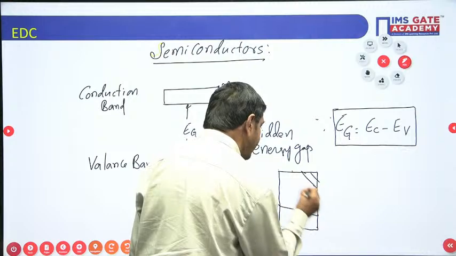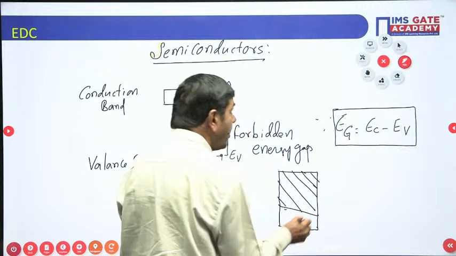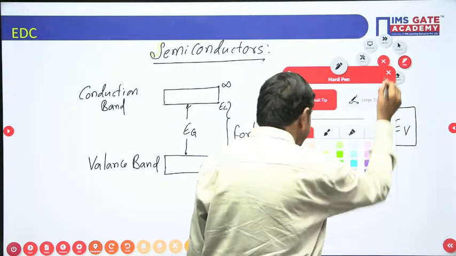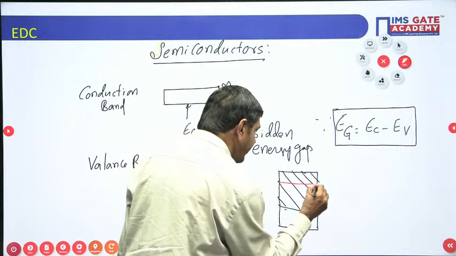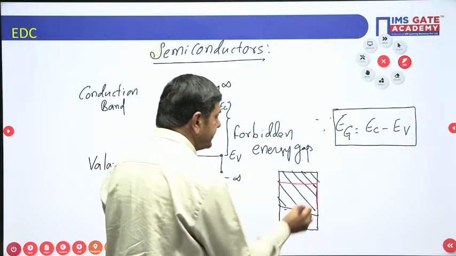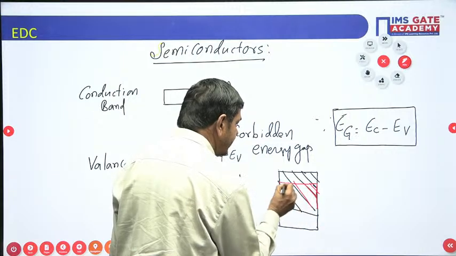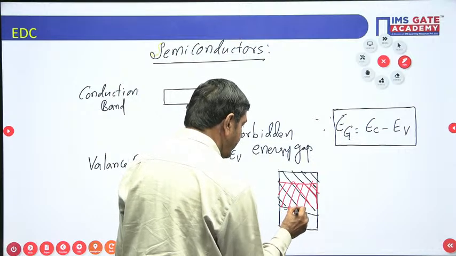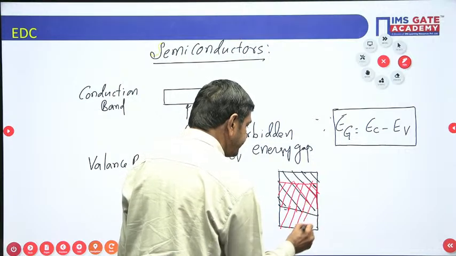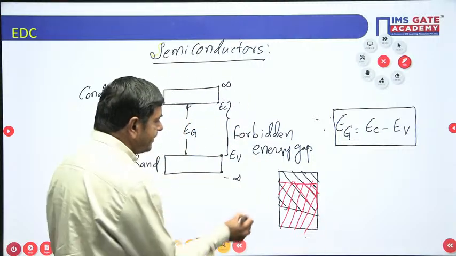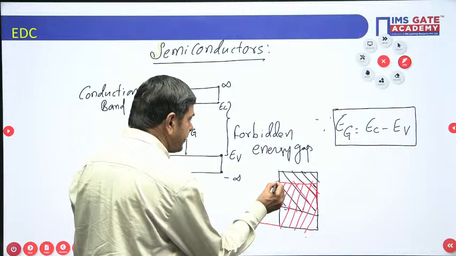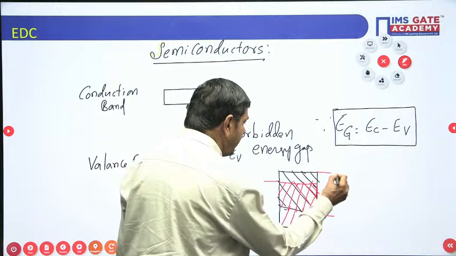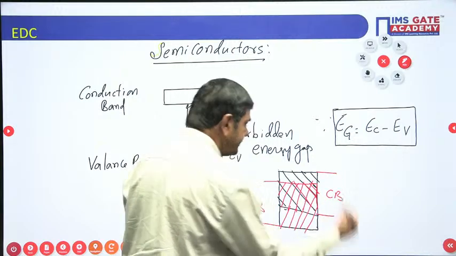And the valence band I can put like this. This point to this point I can call it a valence band, and this point to this point a conduction band.